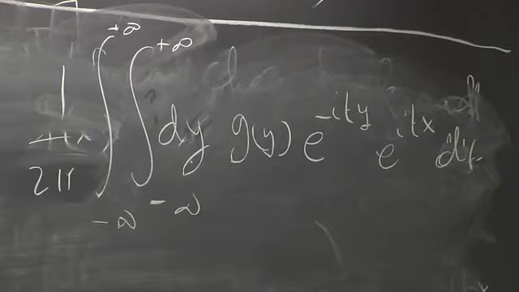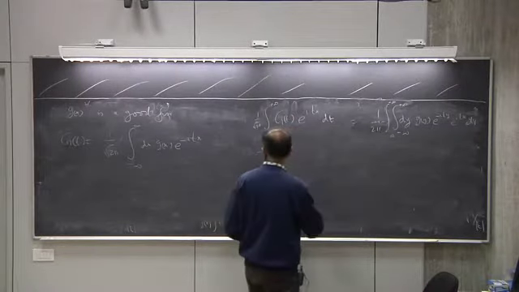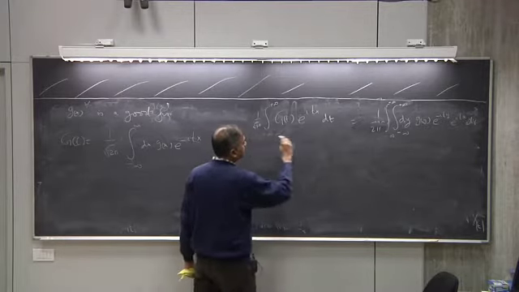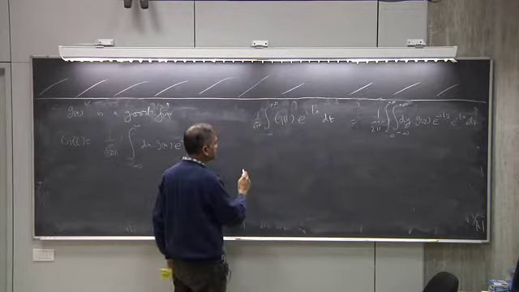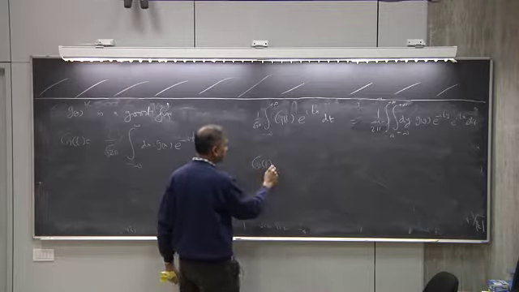Actually, let me do the following. Instead of considering this, so here this is what I have to prove, right? But instead of directly proving this, let me try to prove the following statement. I mean, let's define something else.